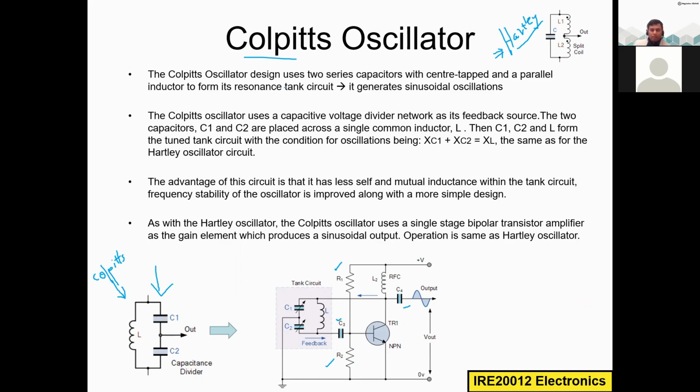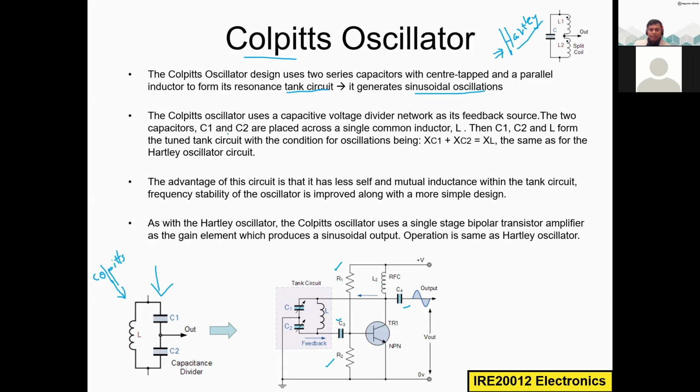The Colpitts oscillator design uses two series capacitors with a center tap and a parallel inductor to form its resonance tank circuit. It generates sinusoidal oscillations. The Colpitts oscillator uses a capacitive voltage divider as its feedback source.